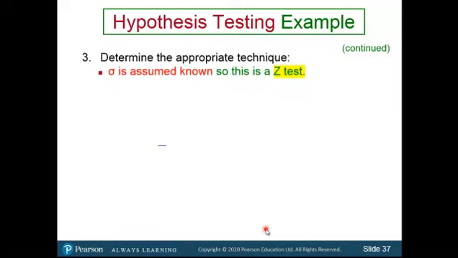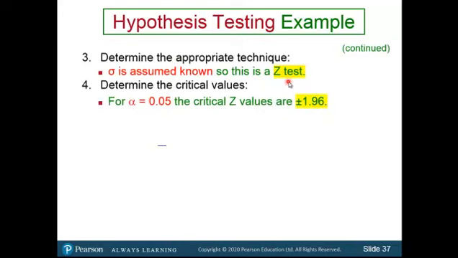Step number 3, determine the appropriate technique. Since this is a situation where standard deviation of the population is assumed known, we have to use the Z test. And then step number 4 is to determine the critical values.